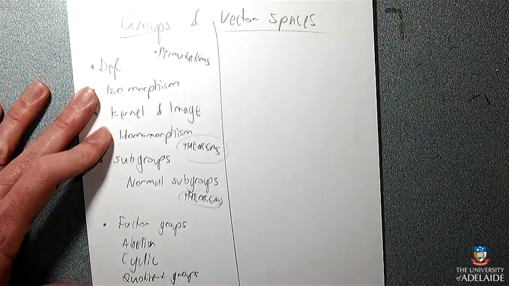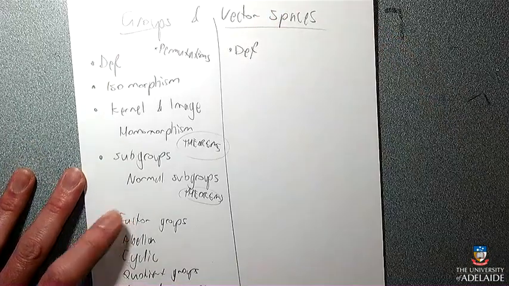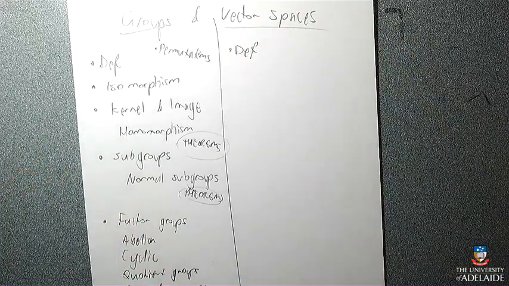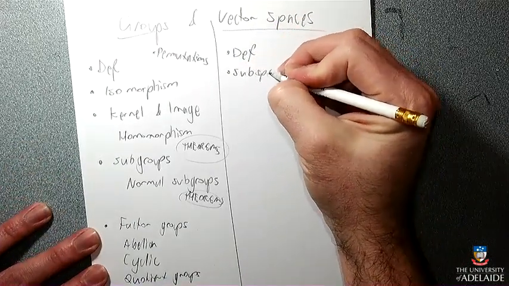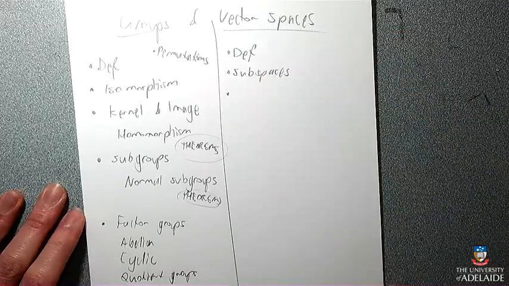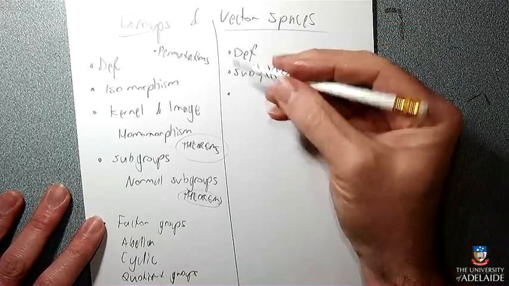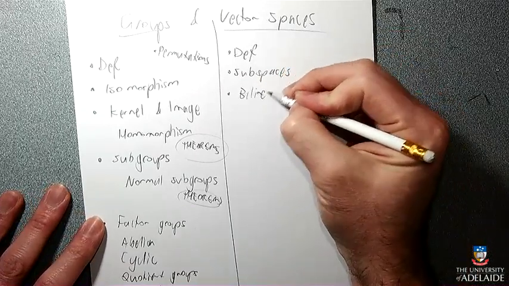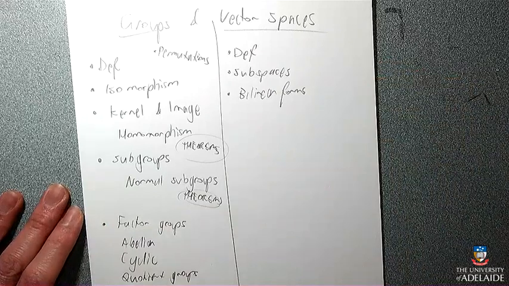What's in vector spaces? There'd be a definition, obviously. Subspaces. That means there's norms and dot products.